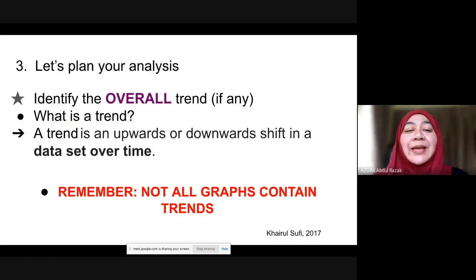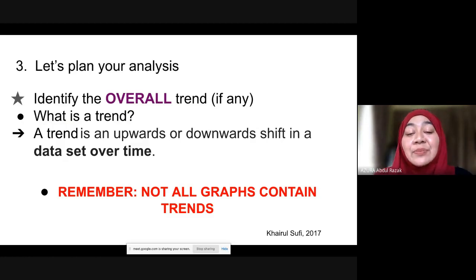Okay, so let's plan your analysis. Let's see whether there is an overall trend. Sometimes there is no overall trend, but what is a trend? A trend is an upwards or downwards shift in the data set over time. Remember that, set over time.